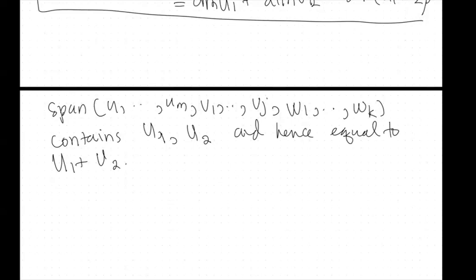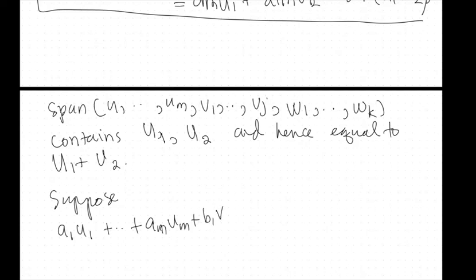So suppose that A1 U1 up to AM UM plus B1 V1 up to BJ VJ plus C1 W1 up to CK WK is 0.